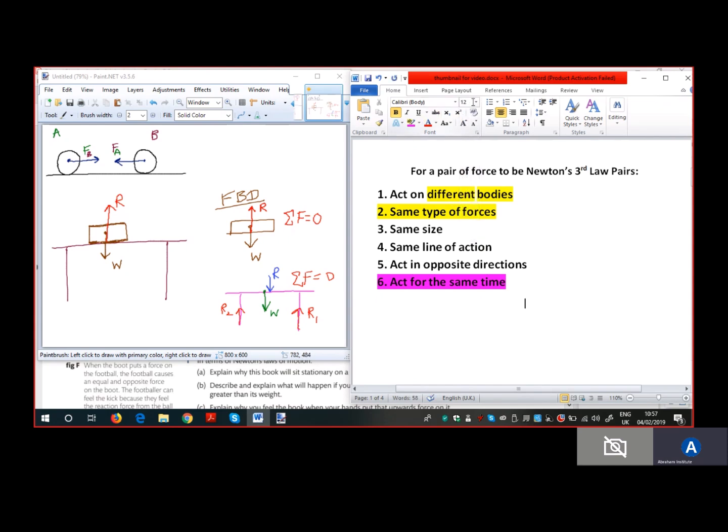Okay, so Newton's third law states that for every action there is an equal and opposite reaction.